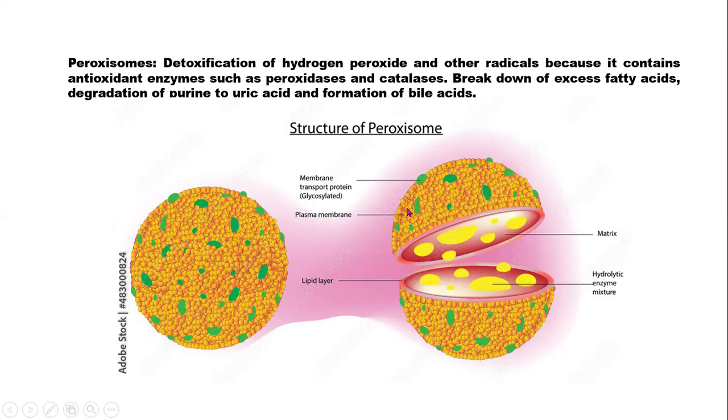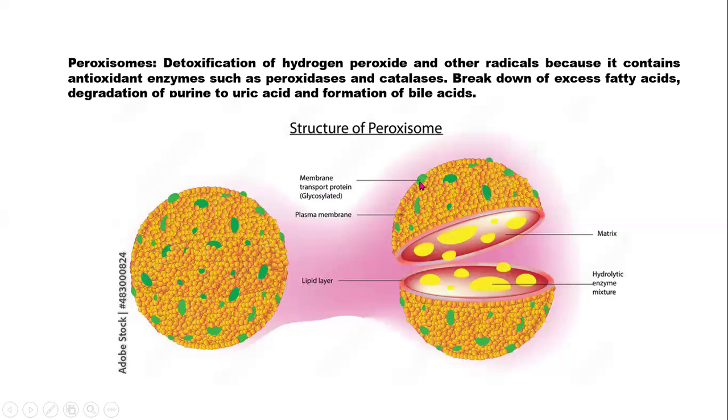Remember, we are talking about eukaryotic cells, and many eukaryotic cell organelles have what? Membrane-bound organelles. So these organelles that we are now talking about, you see, a lot of them have what? Membrane. So this is the plasma membrane and membrane transport protein, which is glycosylated.